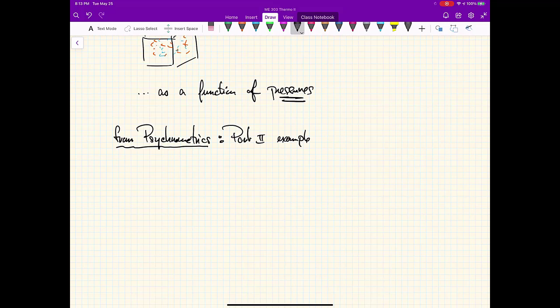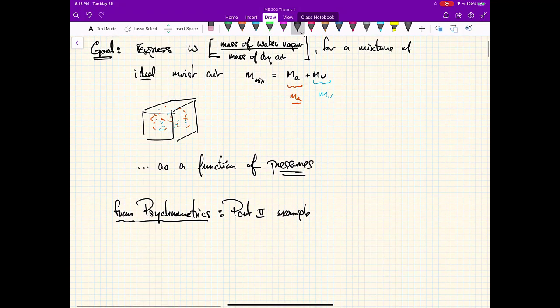So going back to my closed volume right here, if I look at my mass of vapor, which is the water component of that ideal gas mixture, I can express it as the number of moles of vapor molecules inside that box times the molecular mass of the vapor.